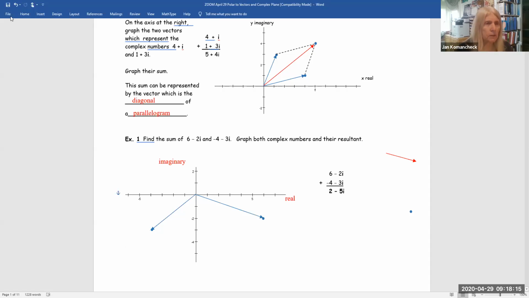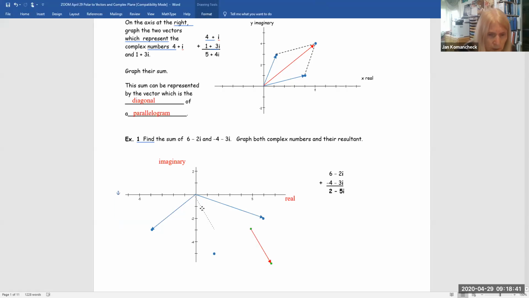Let me go ahead and save this before I lose something. All right. The answer that we got, which was 2 minus 5i, can be located on the real axis at 2, go down 5, not a problem. And that resultant I'm going to show as a red vector.